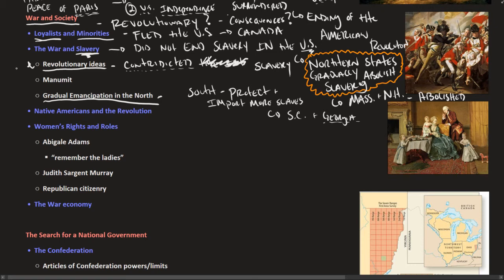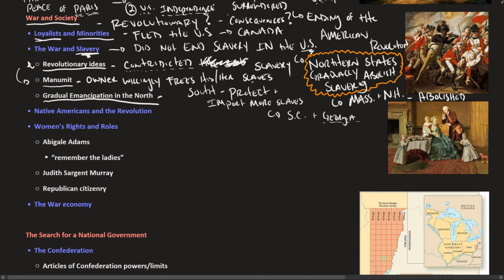Because of the effect of the revolutionary ideas, some states allowed for manumission. A manumission is when a slave owner willingly frees his slaves or her slaves.